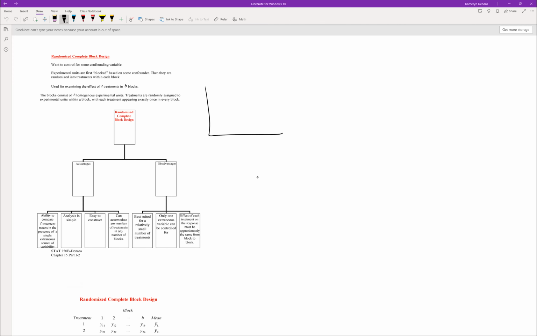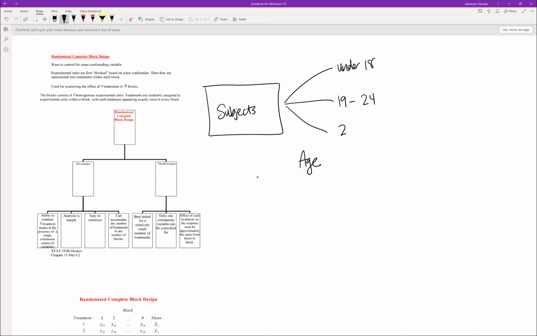So if we think of all of our subjects, first we think of a blocking variable. Let's just say the blocking variable in this case is age. So this is going to be under 18, 19 to 24, and 25 plus.